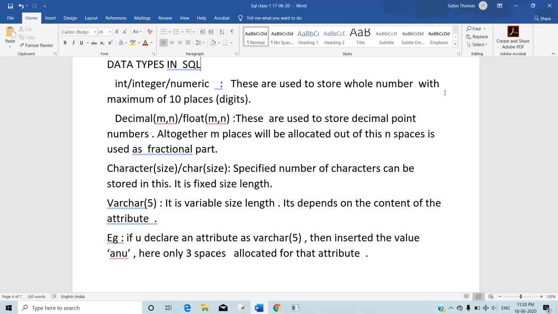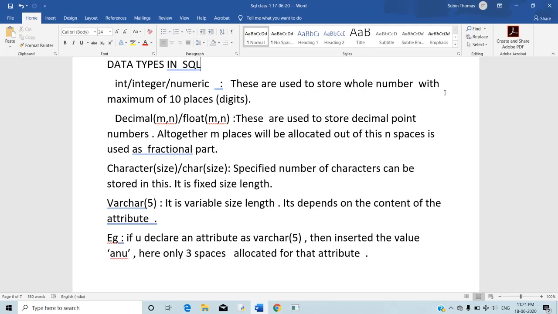And for the next record, if you are entering a word with 5 alphabets, it will allocate 5 memory spaces for that record. That is why it is known as variable character. The memory allocation depends upon the value which you entered into that attribute, with a maximum of 5 characters. If it is less than that, then only that much memory will be allocated.